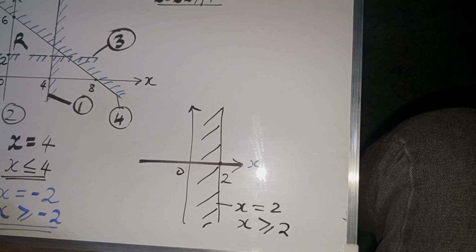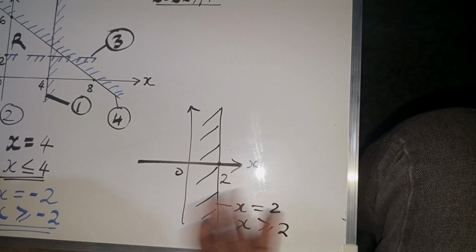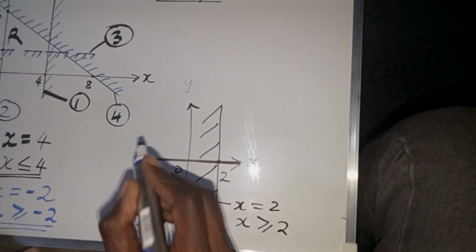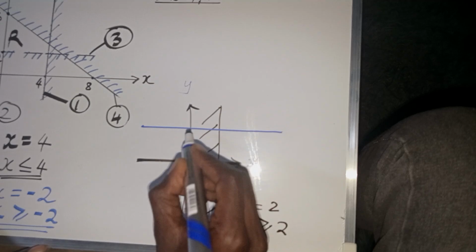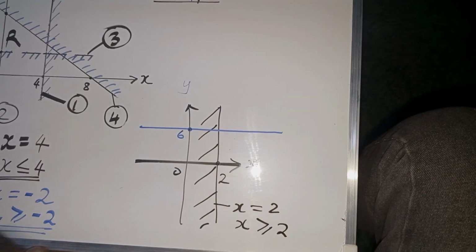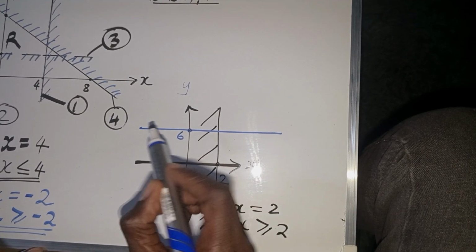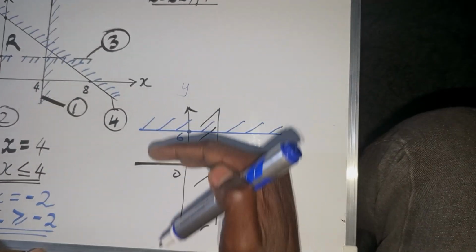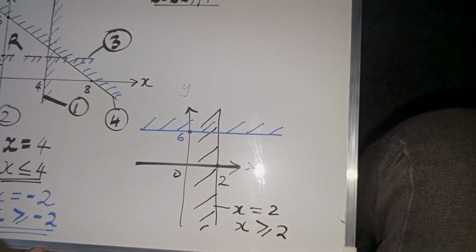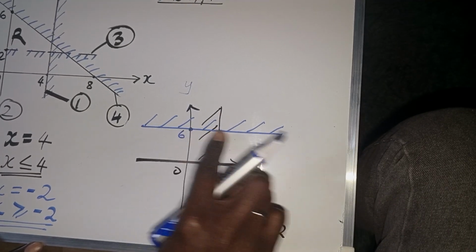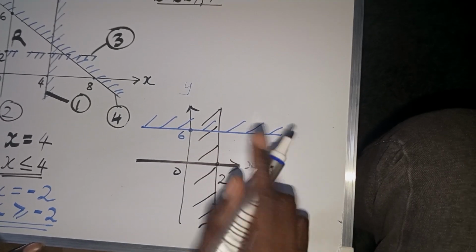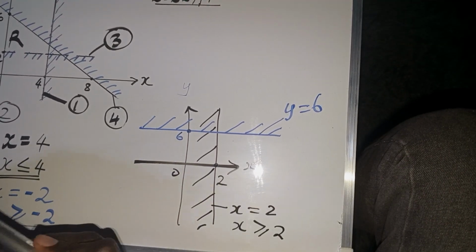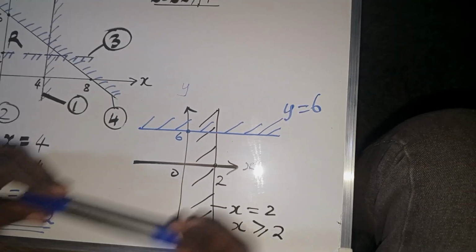Well, you might just say, wow, you are just looking at maybe the x-axis. What about the y-axis? Let's focus now on the y-axis. Let's imagine again you have got a solid line, but this solid line is passing where y is equal to 6, and they may shade in that direction, and they want you to identify the unshaded region, which is below. Of course, because this line is cutting the y-axis where y is equal to 6, what inequality sign will replace there?